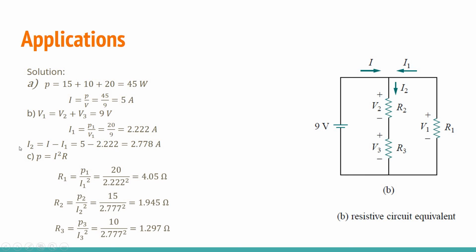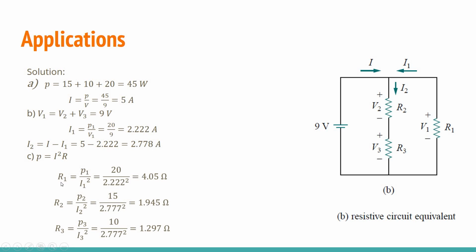Okay, so I2, the current flowing through R2 and R3, is equal to I minus I1, which is 5 minus 2.222, so the current is 2.778 amperes. And then, what are the resistances of each bulb? Given the power of each bulb and the currents we obtained, R1 is equal to power divided by current squared.